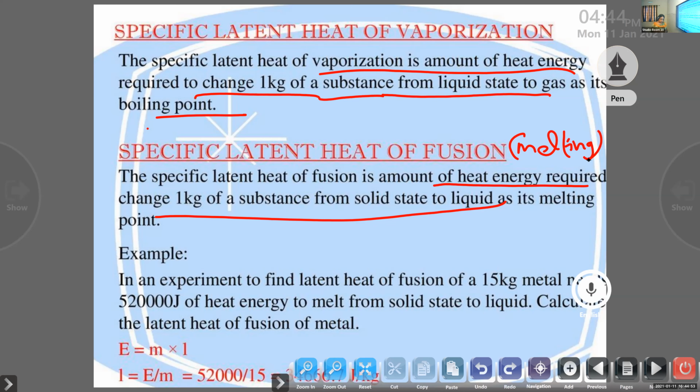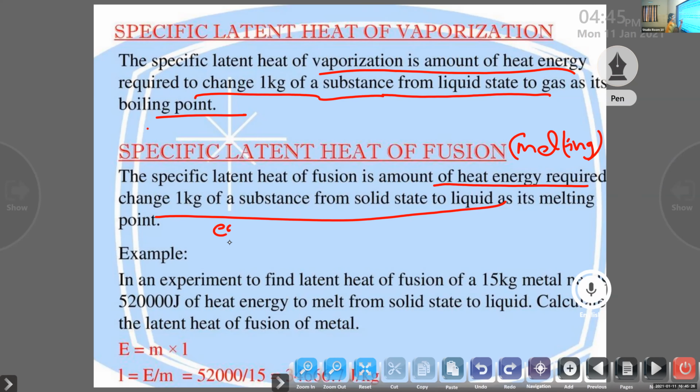And it's a standard value for water. For example, for water, I am writing LF for latent heat of fusion.